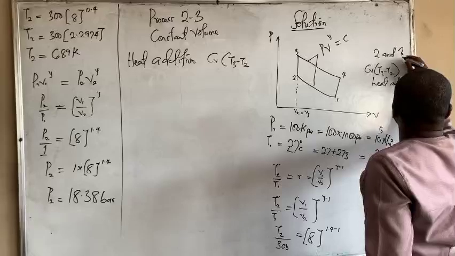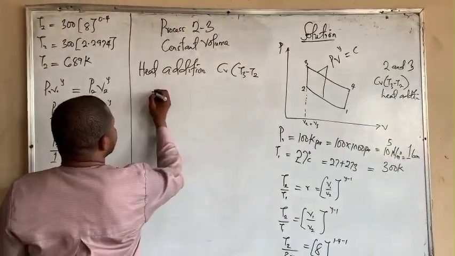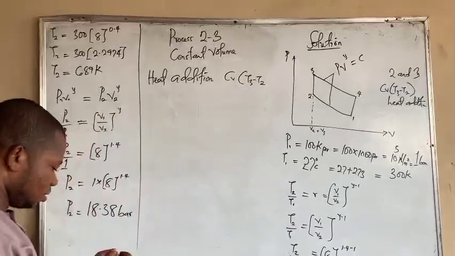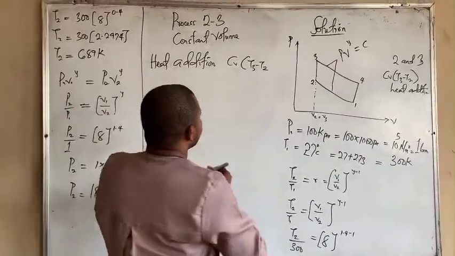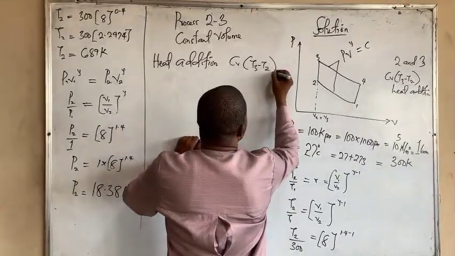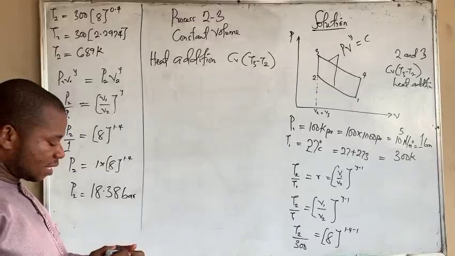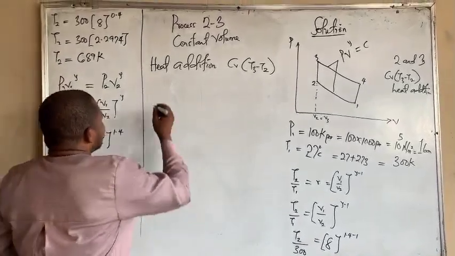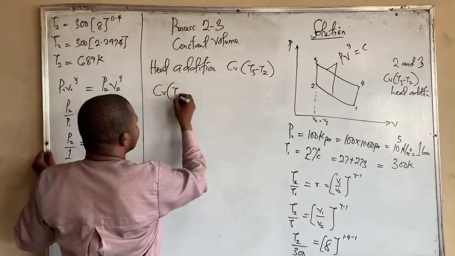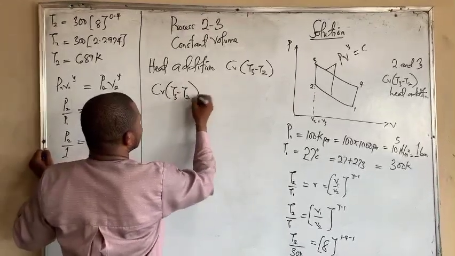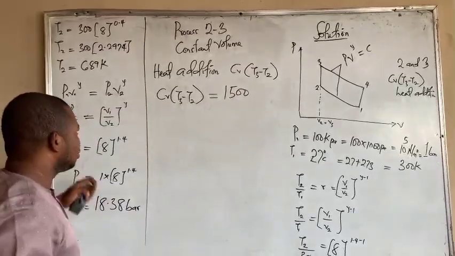The process is between 2 and 3, so at this point where our heat was introduced is between T3 and T2. And mind you, we're already given the amount of heat that was added, which is 1,500. So we have Cv into bracket T3 minus T2 gives us 1,500. That is the heat addition.